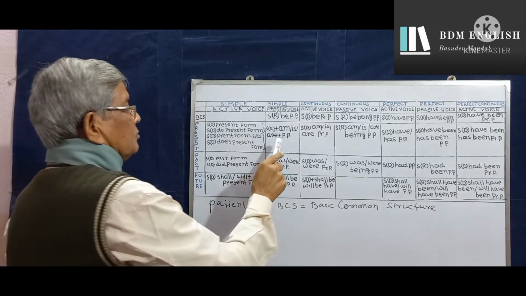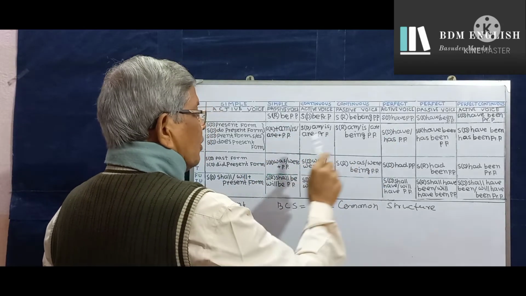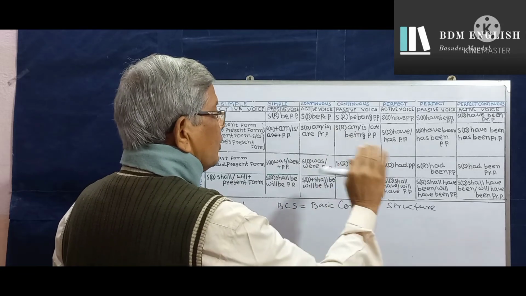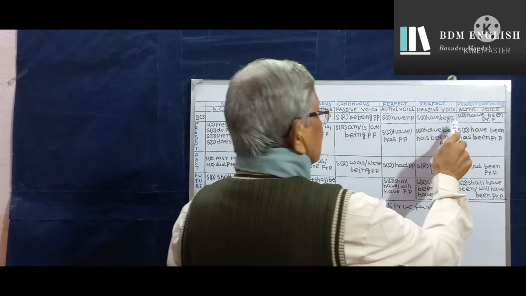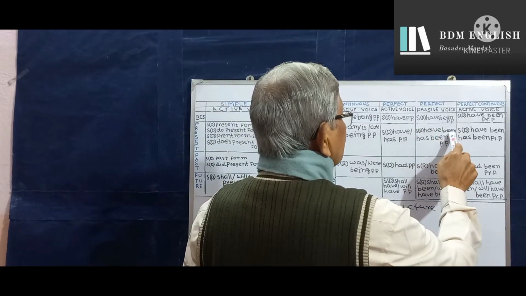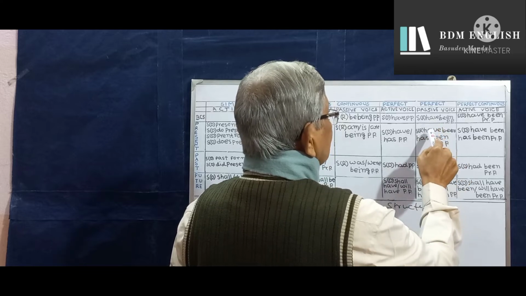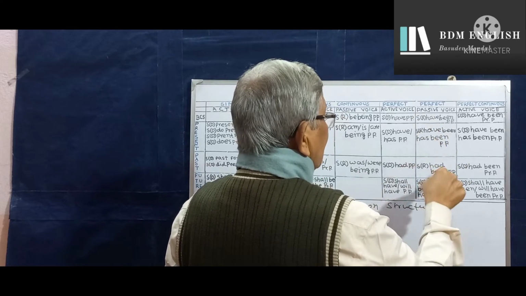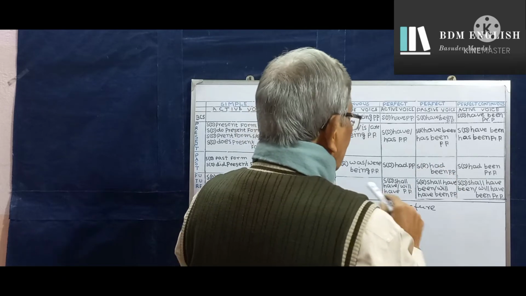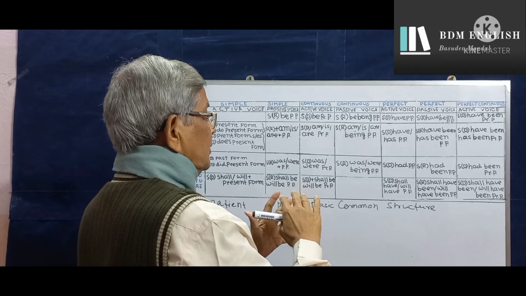We cannot omit any helping verb from any of the boxes, from any voice tense combination. Where there is have and been, the been must be retained, the past participle must be retained. Only the have changes its own forms. It takes its own forms, have and has and had. We cannot drop them, we cannot replace them with any other helping verb.